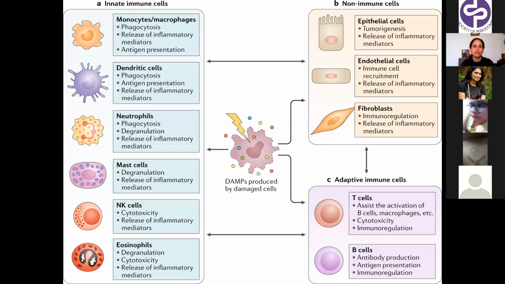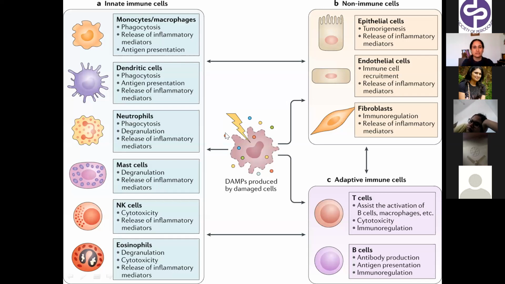The body needs to get rid of these. So these are damage-associated molecular patterns, and PAMPs are pathogen-associated molecular patterns. MAMP is another term you need to know, microbe-associated molecular patterns. Pathogen-associated and microbe-associated molecular patterns are almost similar.